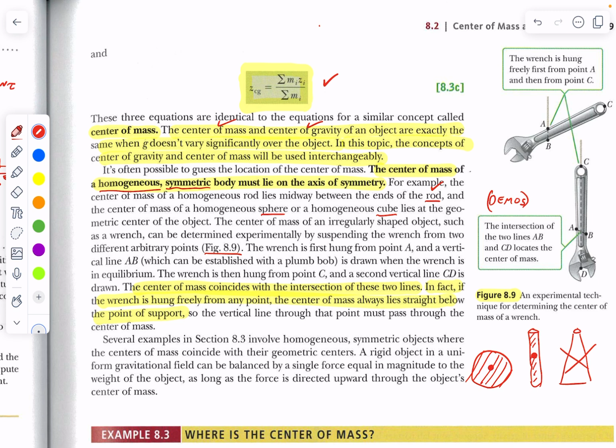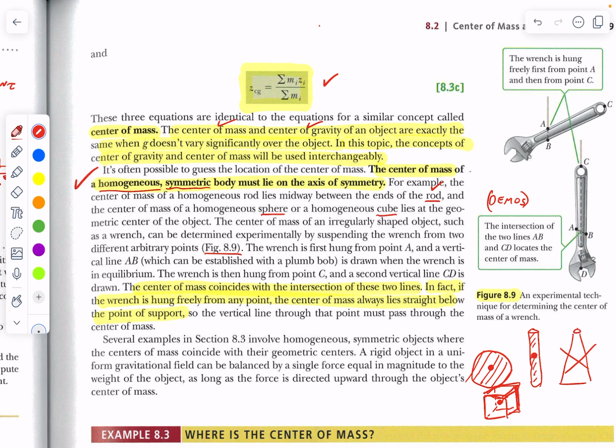Or if we were to talk about a cube, if the cube is made out of the same material, in other words, it's homogeneous, if you remember your chemistry, and it's genuinely a cube, then our center of mass is going to be exactly at the center of the cube itself. So that's what this sentence is all about.